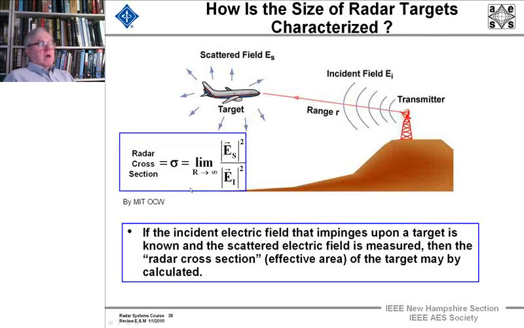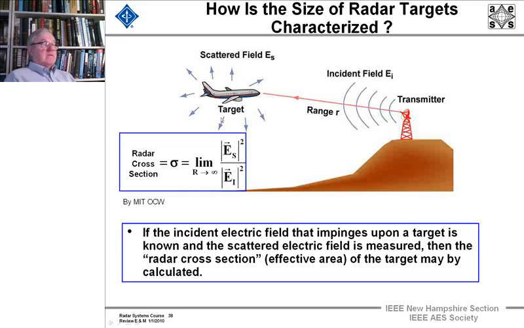Now, lastly, a reason we're very interested in electromagnetism is that we want to characterize the target. I talked about this a little bit. The size of the target is the ratio, in the limit of the distance going to infinity, of the magnitude of the scattered electric field squared divided by the magnitude of the incident electric field squared.